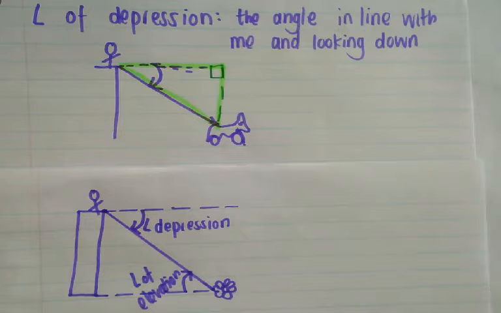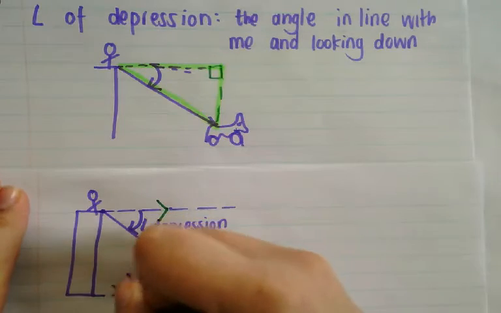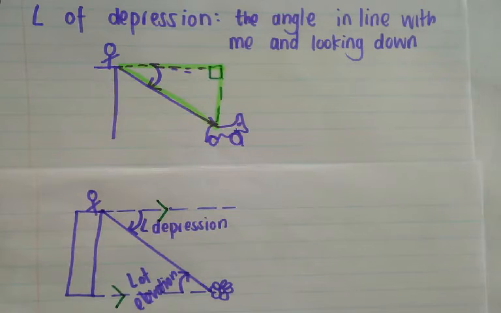Almost opposite. I know what you're trying to get to. So the two lines are parallel. What does it tell me about those two angles? They have to be the same.